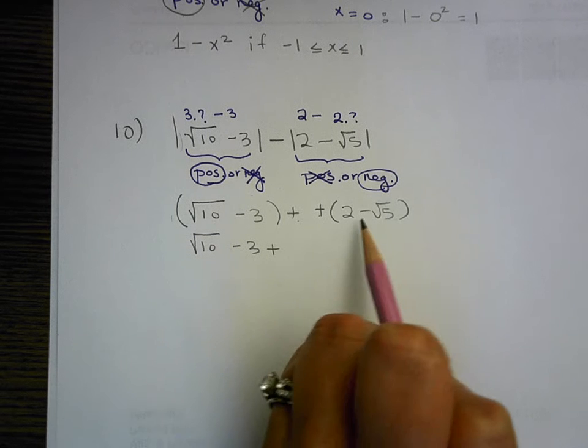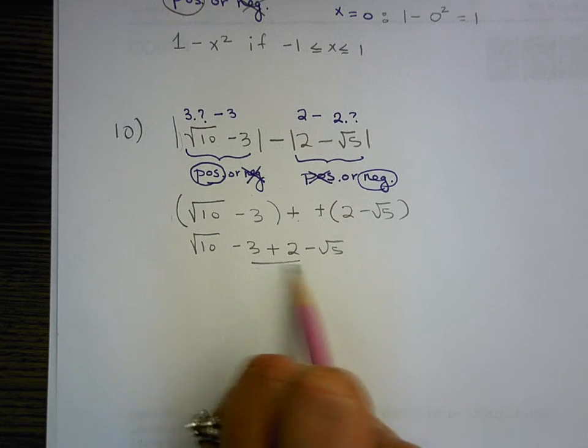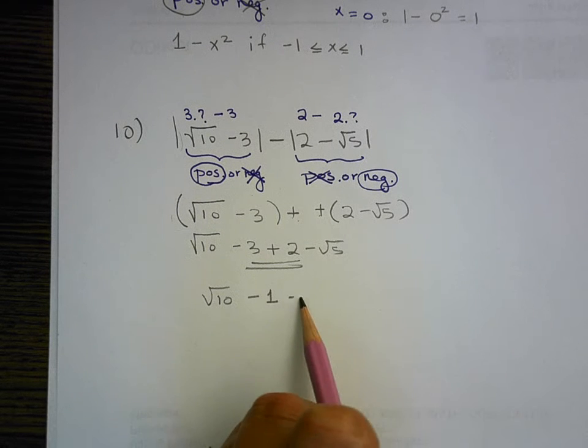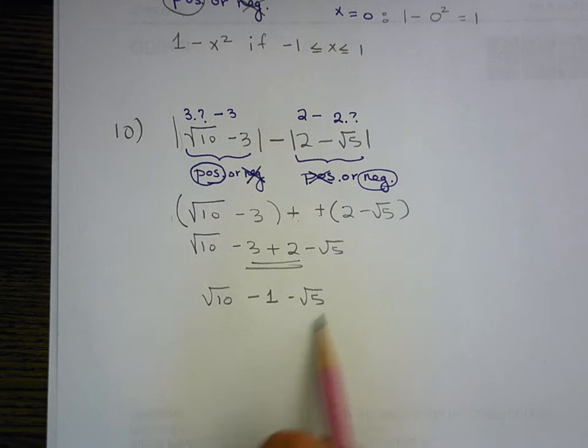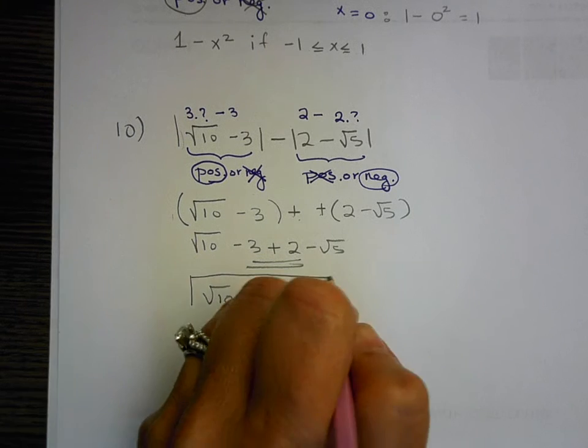And then plus, and then I have 2 minus root 5. And then combine like terms. These cannot combine because they have a different value under the square root, and neither of those can be simplified. So that would be my answer.